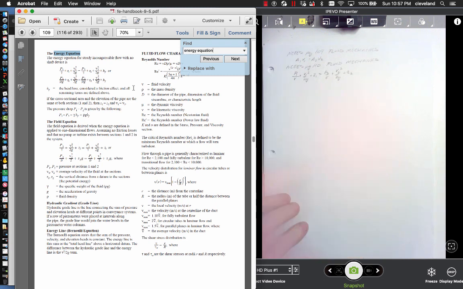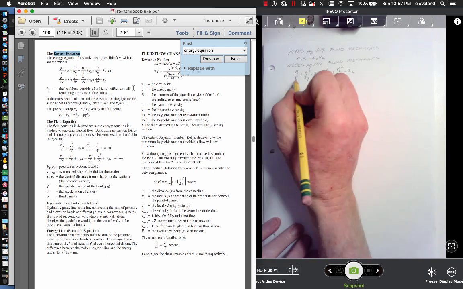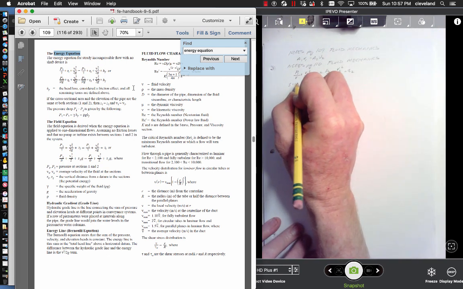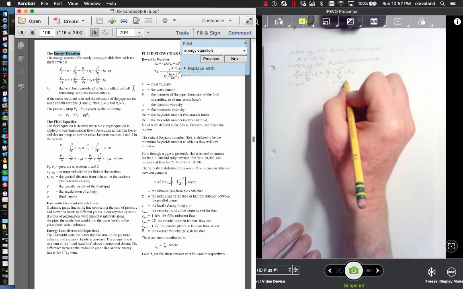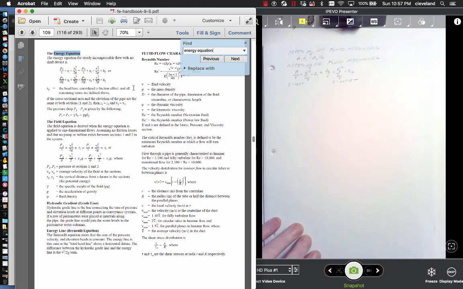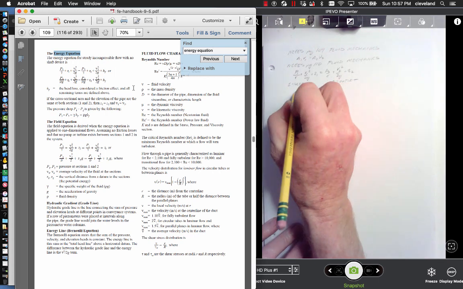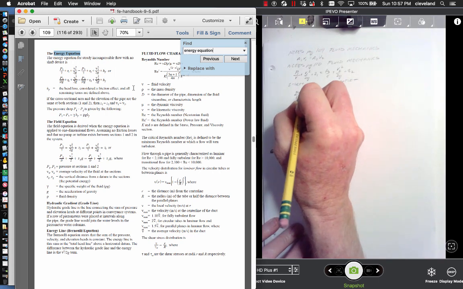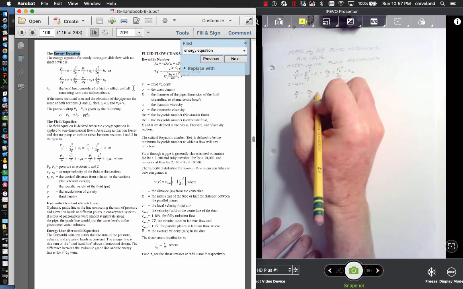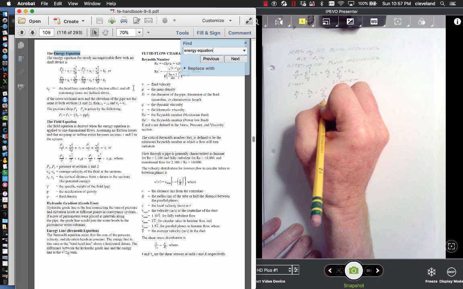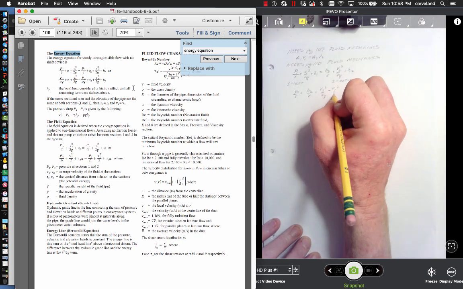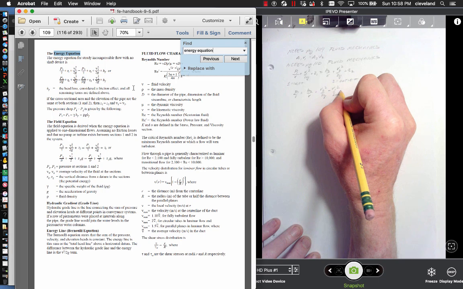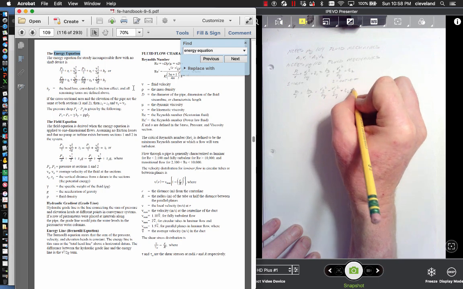Let's notice in our flow system first that at the inlet we know the diameter and we know the velocity. At the outlet we know the diameter and we know the pressure, and we're asked to find the pressure at the inlet. So we'll let 1 equal the inlet and 2 equal the outlet. With that in mind, we have P1 over gamma equals P2 over gamma plus V2 squared over 2G minus V1 squared over 2G plus Z2 minus Z1.